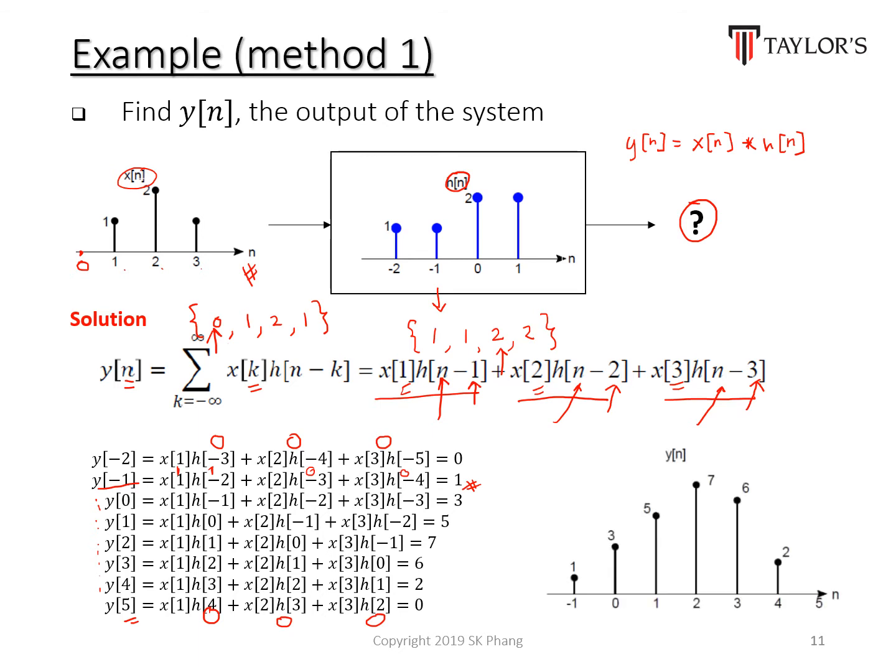Finally, you obtain the results. When n equals minus 1, you get a magnitude of 1, so you write it here. When n equals 0, you get 3, then 5, then 7, then 6, then 2, and from 5 onwards it is all 0 again. There's nothing from 5 onwards.